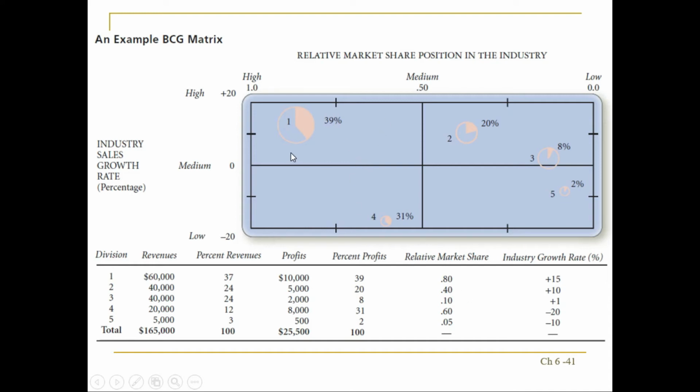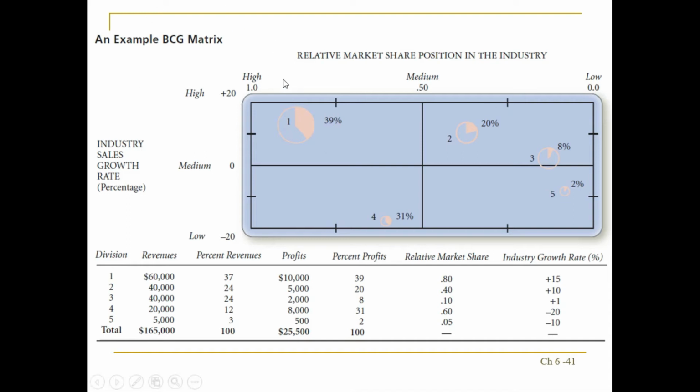So you can see that your division first is lying in the star box, because your profit share is 39% and your industry is growing about 15%. So 39 is obviously quite good.